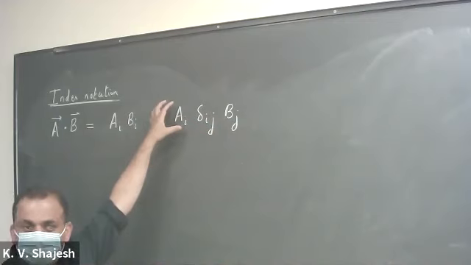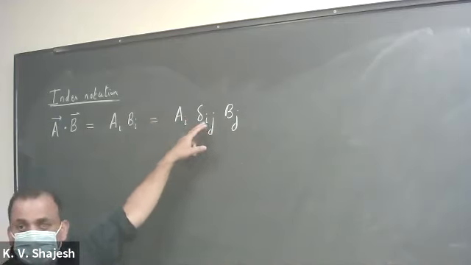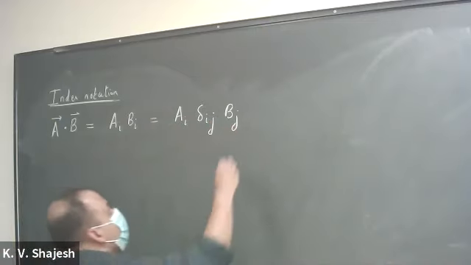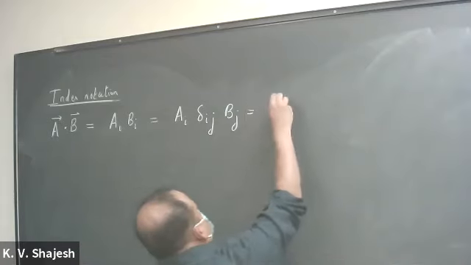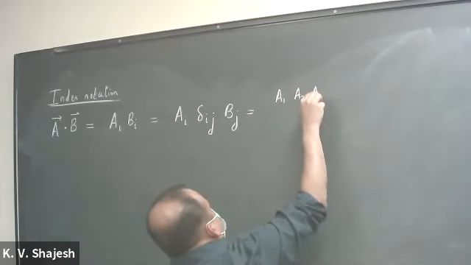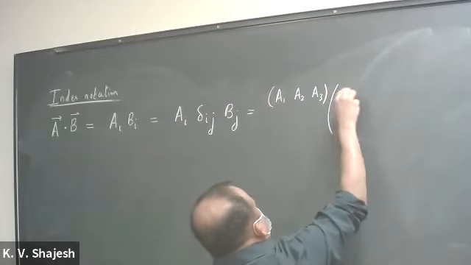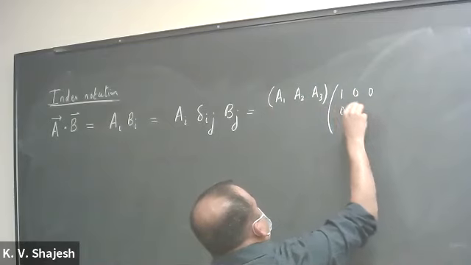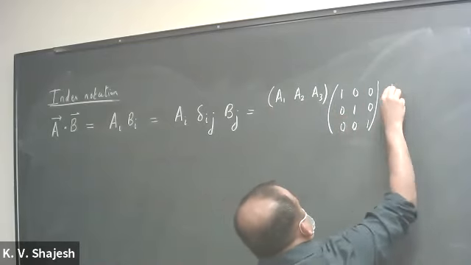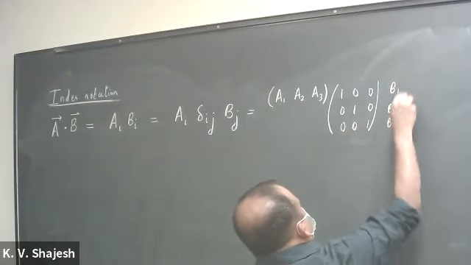There is a vector A, then there is a matrix, and there is another vector or a column matrix if you want. So this is also the same as a1, a2, a3, times the matrix 1, 0, 0, 0, 1, 0, 0, 0, 1, and then there is b1, b2, b3.